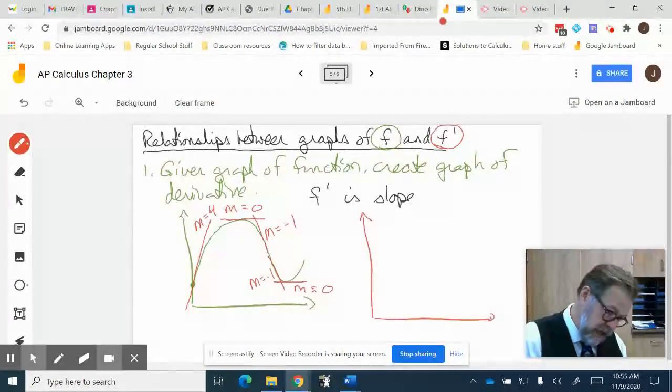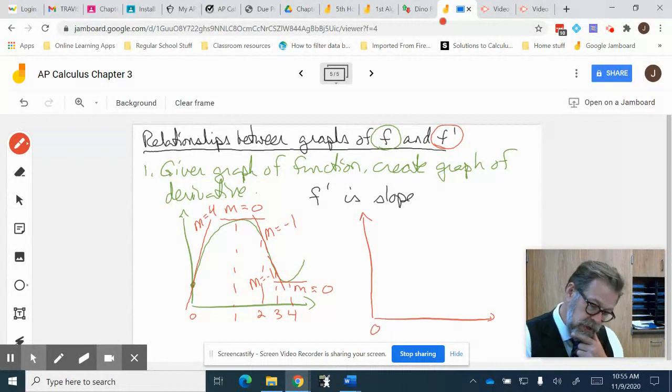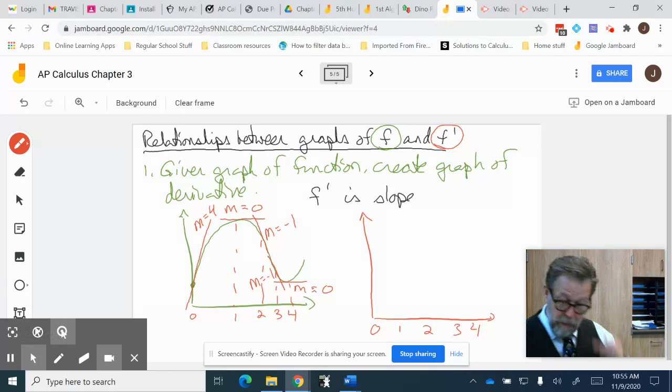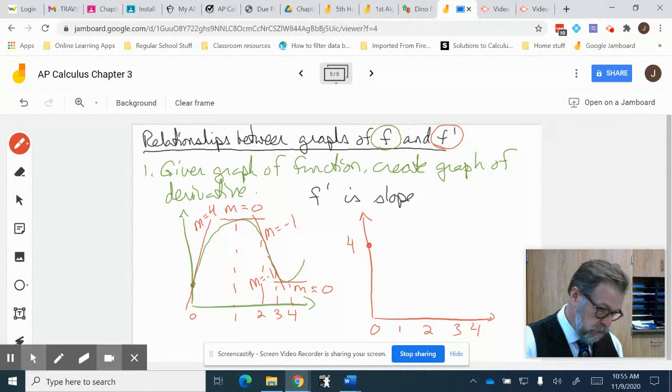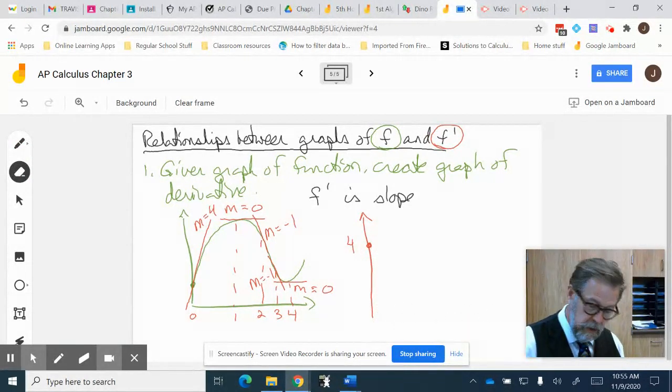And if I say that this is 0, 1, 2, 3, 4, and my values of x, obviously not very accurately drawn, but 0, 1, 2, 3, 4, hang on. Okay, back. I had a slope of 4. Uh-oh. I've got some negative slopes here. I'd better change my derivative graph.